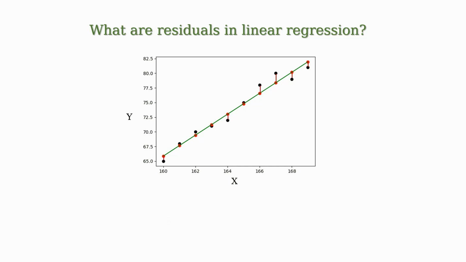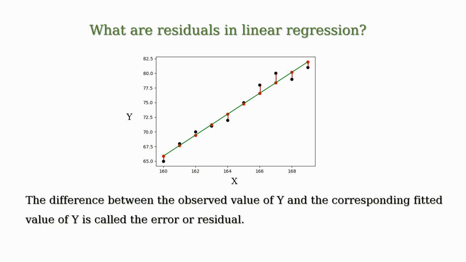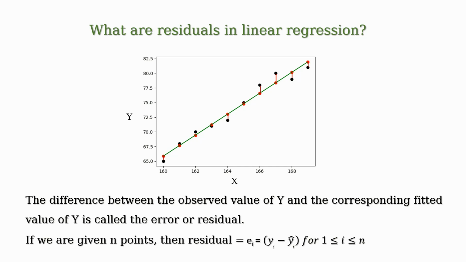And the difference between the observed value of y and the corresponding fitted value of y is called the error or residual. In other words, if we were given n points, then residual or ei is equal to yi minus yi hat for i in between 1 to n.